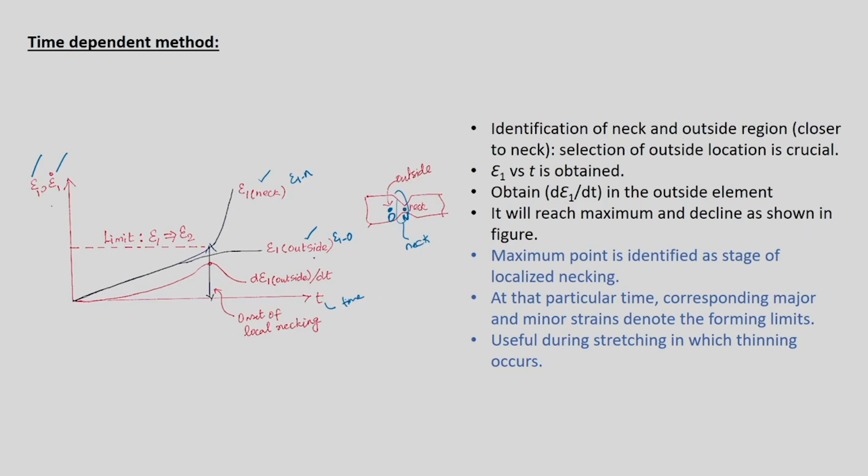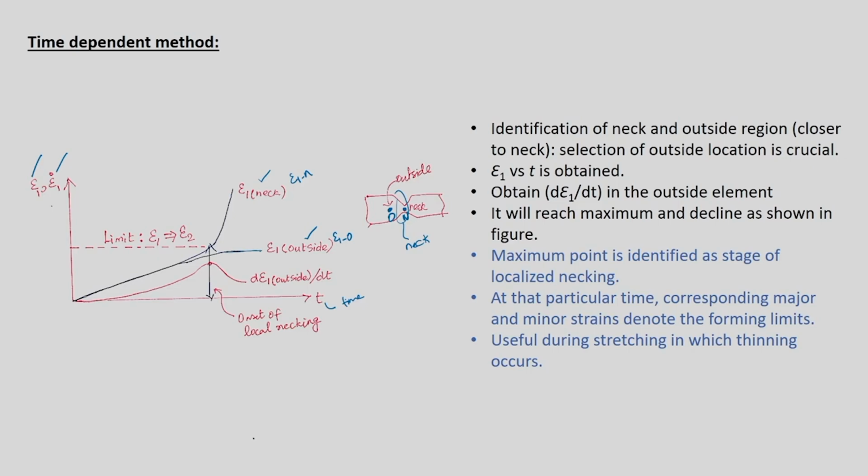Epsilon 1 outside is how the same epsilon 1 varies just outside the neck zone, that is this O region. These two are monitored, and we already discussed that in the outside region it has to saturate after some time. You can see that both regions are equally deforming, and after some time you are going to have saturation in epsilon 1 at the outside location, but in the neck location it is going to unstably increase.